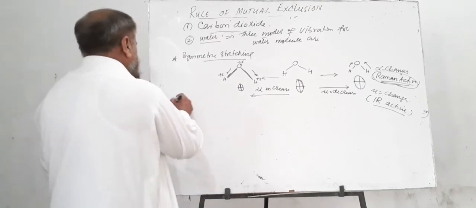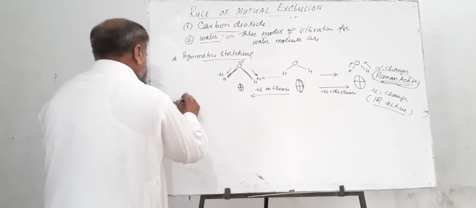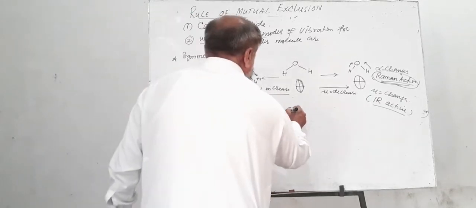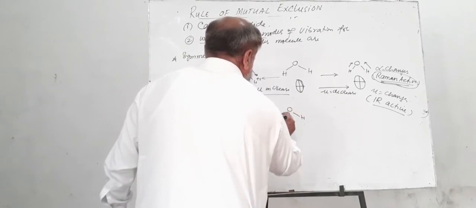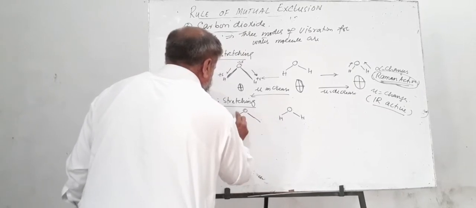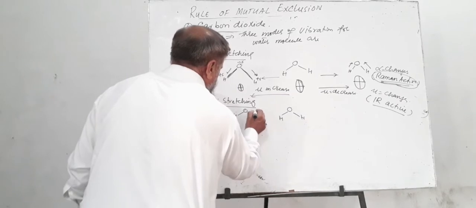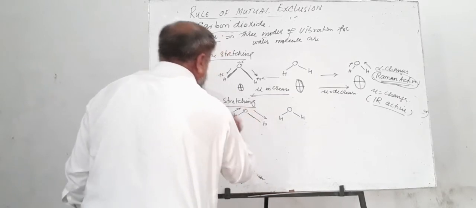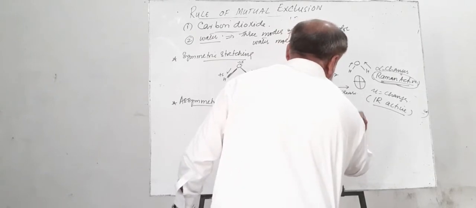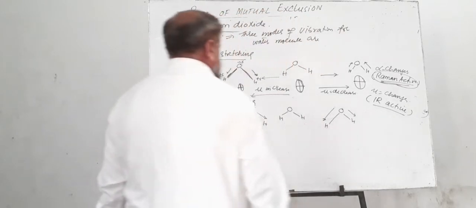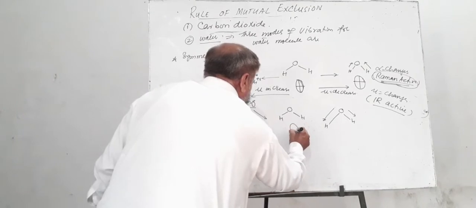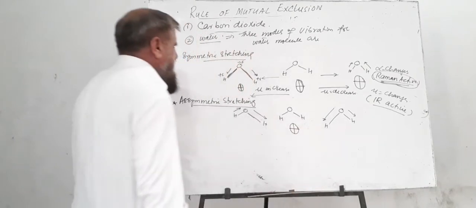The second mode of vibration is called the asymmetric stretching, in which one bond expands and the other compresses. In this case, let us suppose this is the polarizability ellipsoid at the equilibrium position.